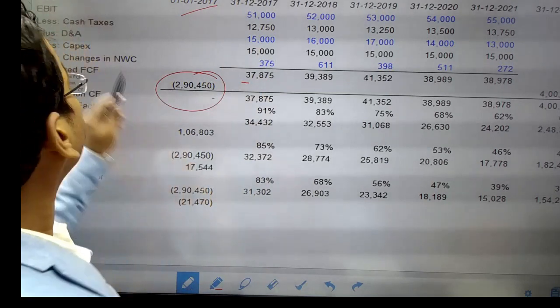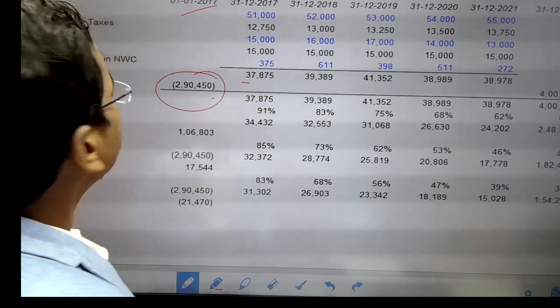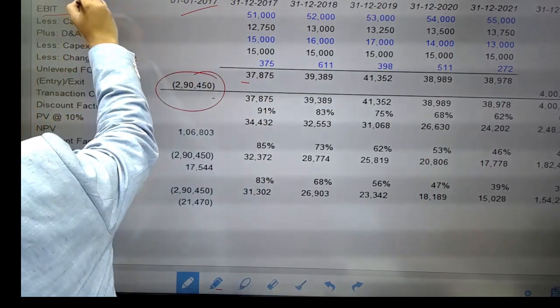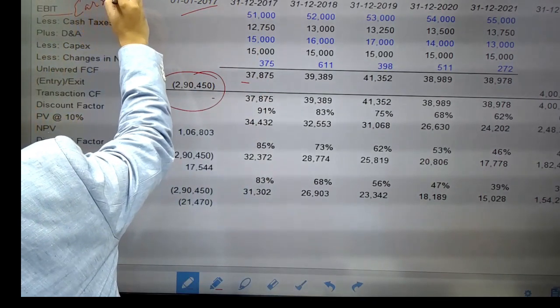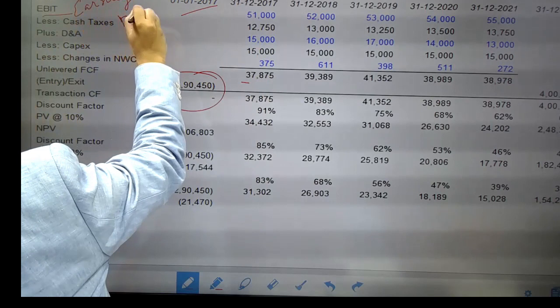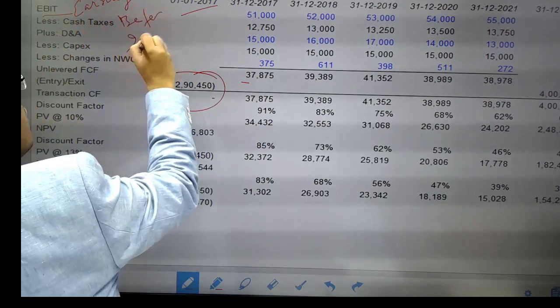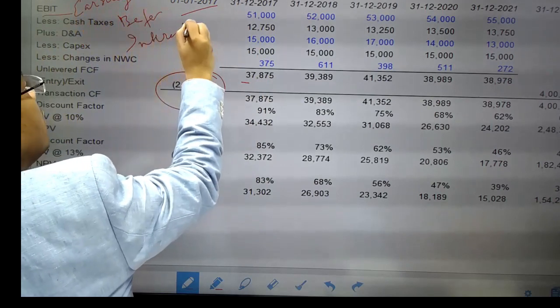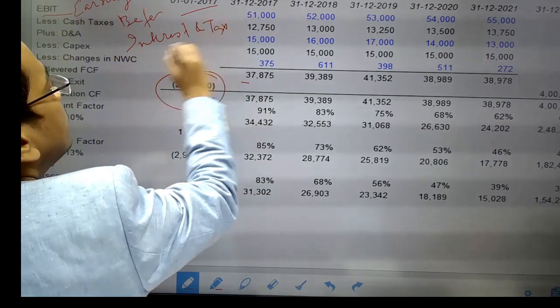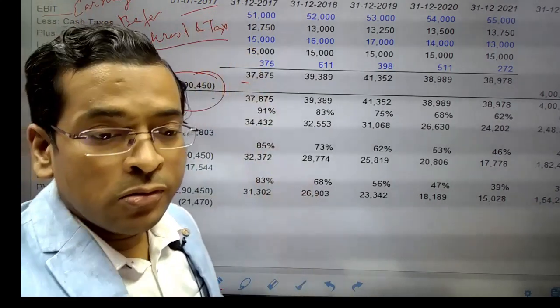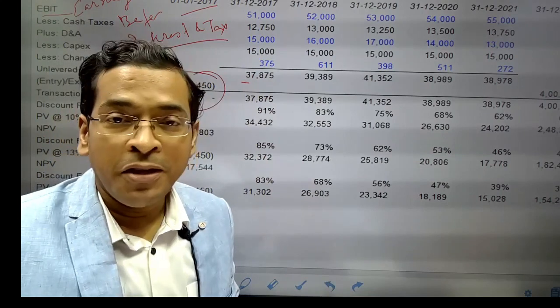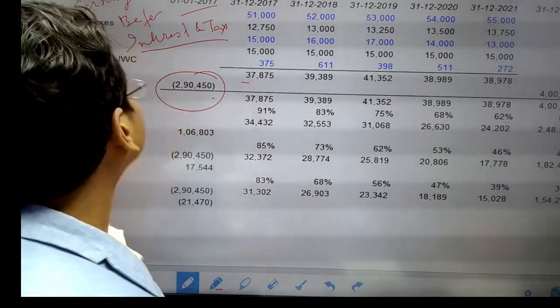There is a question. EBIT, that is earnings before interest and tax. Either it can be given to you in the exam or maybe in real life, or you have to calculate it.